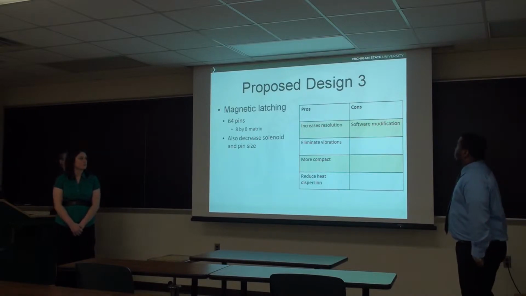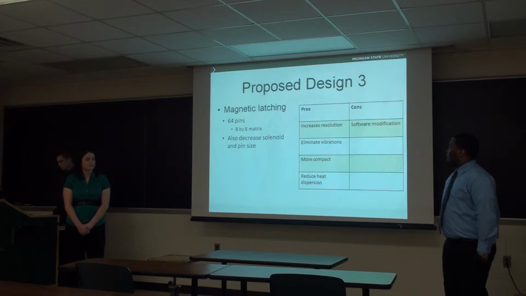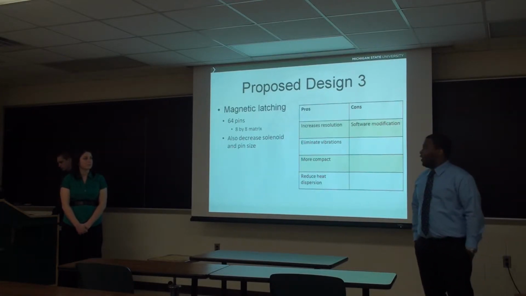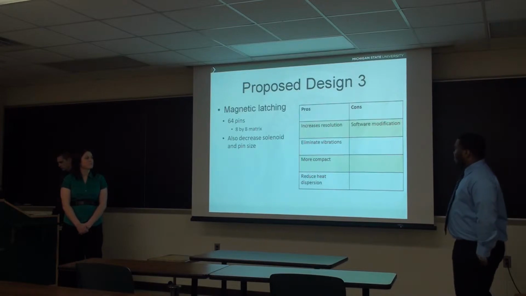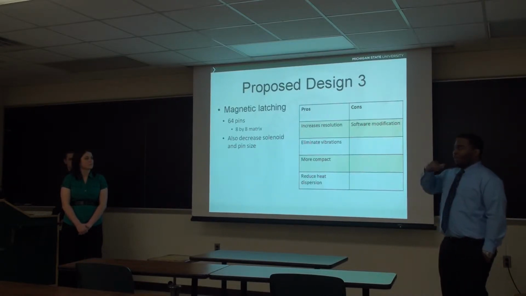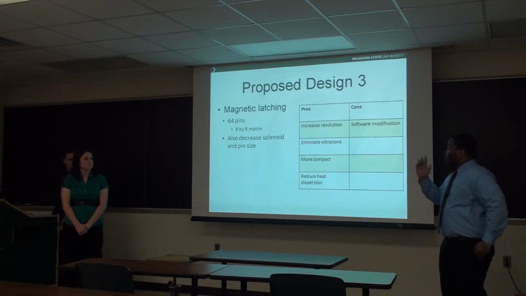And our third proposed design is our magnetic latching. We will use the 8x8 matrix again with 64 pins, 64 solenoids, and that will also address the resolution issue. We're actually going to use a magnetic bar with pins, and that will also give it a latch so it can just stay up and down. And also have a pin that will shoot up and shoot down through a hole.